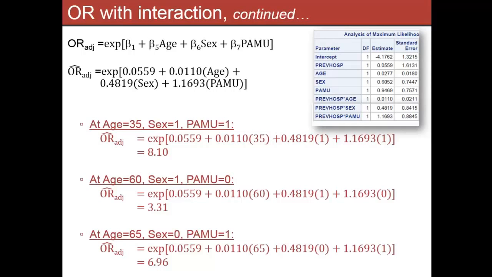I don't know what your situation is, but it could be quartiles, it could be the mean, it can be whatever makes sense as key representative points to show the odds ratio at. Otherwise, you're going to have an infinite number of solutions depending on what age you put in. So I'm going to leave that up to you.